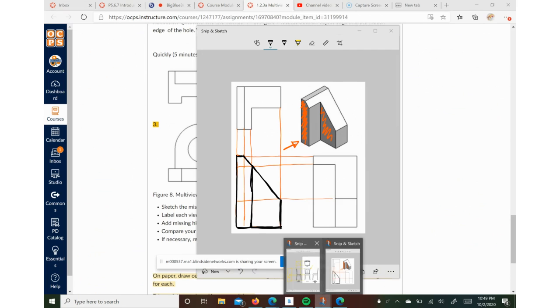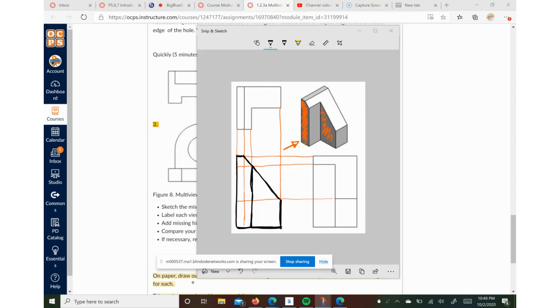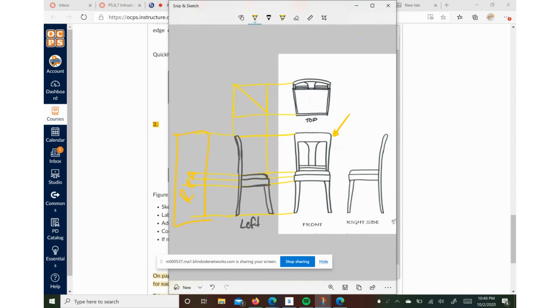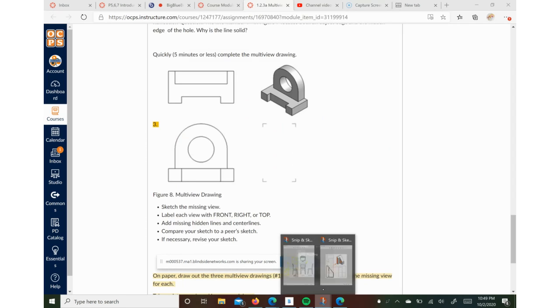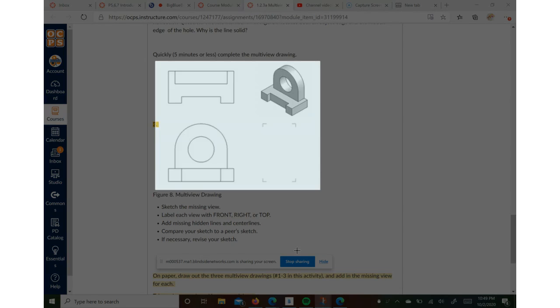Let's do new from here. Oh, wow. Goodness. Not sure why it didn't pop up the first time. Oh, there it goes. Okay, cool.